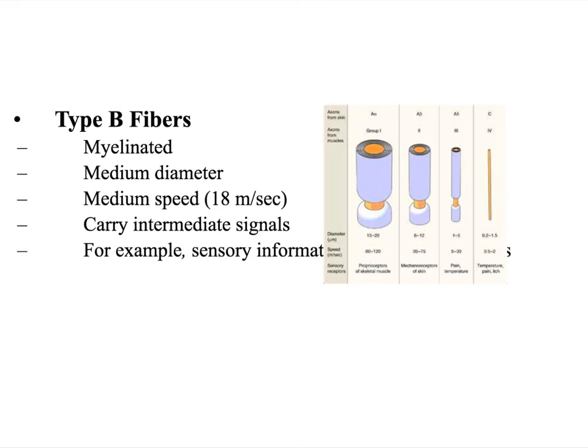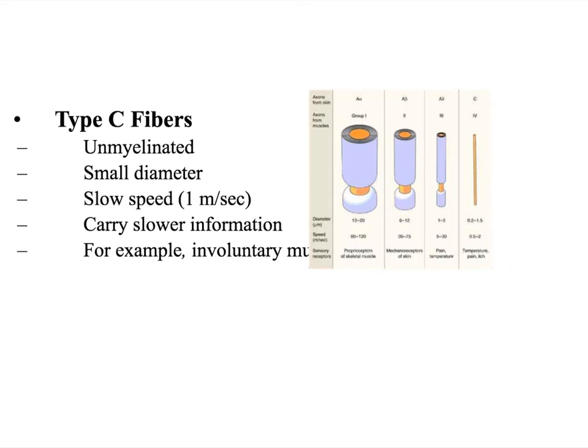These will be carrying information coming from your special senses, also from proprioception and from general senses such as touch, pain, and temperature. And then finally, these small fibers that are non-myelinated are going to be very slow, and these might be involuntary muscle contractions in your digestive tract, or glandular controls.